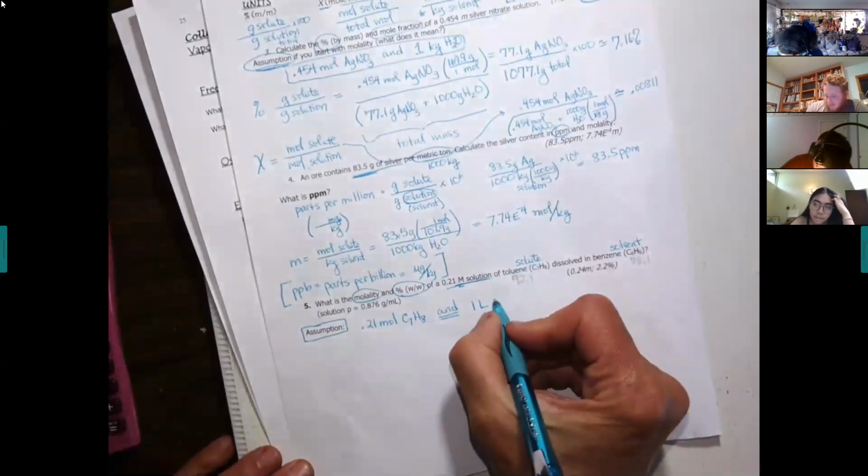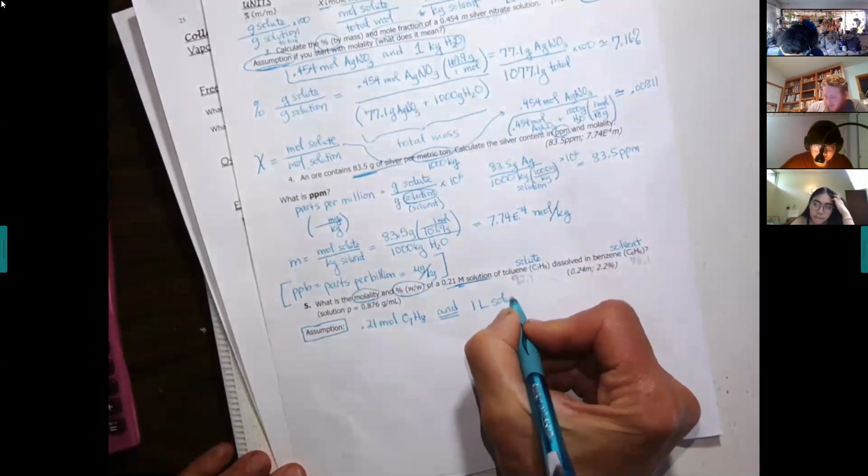This time, though, this liter is the solution, because molarity is moles of the solute over liters of the solution, which makes this a really interesting question, because to be able to do molality and percentage weight per weight, we have to figure out how much of the solvent we have.